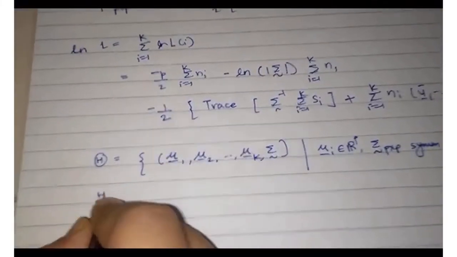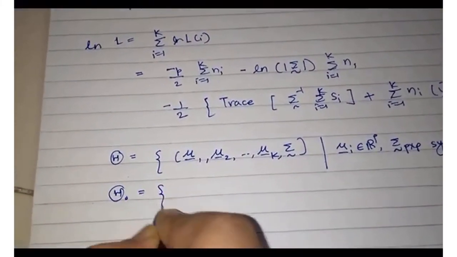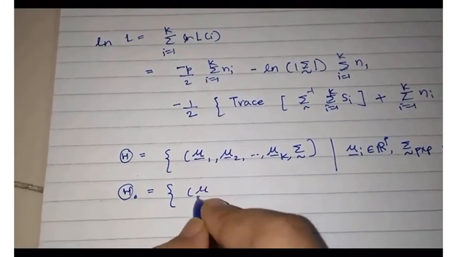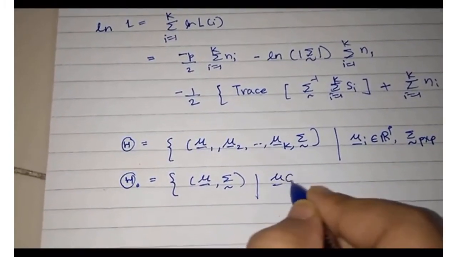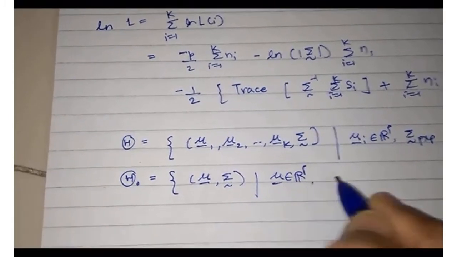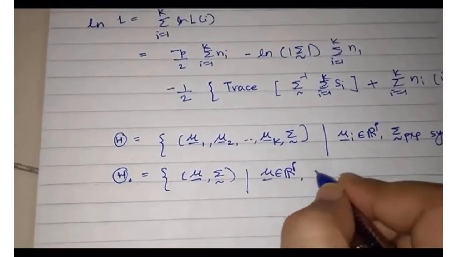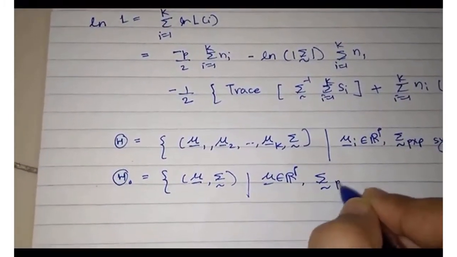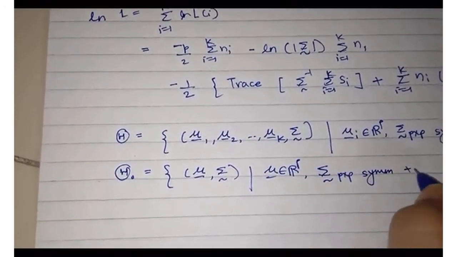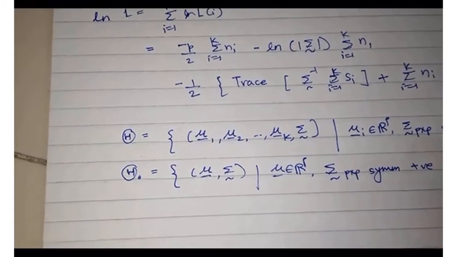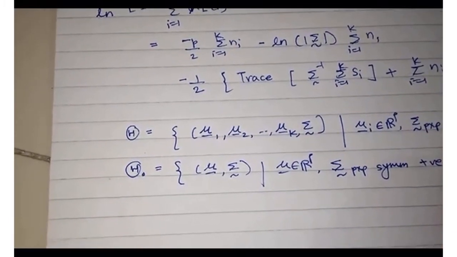And under H0, my parameter space reduces to script theta naught, which is a common mu and common sigma, where mu belongs to R^p, because under H0 we assume that all the means are the same. So mu belongs to R^p and sigma is again a p cross p symmetric positive definite matrix.